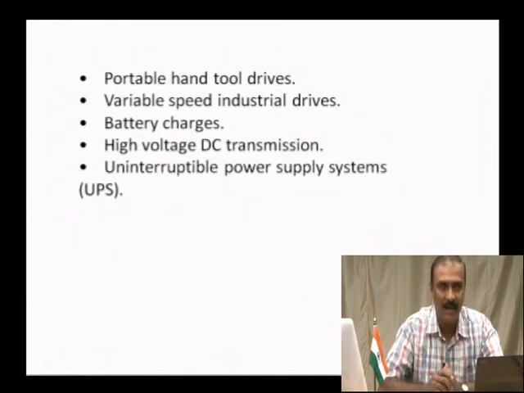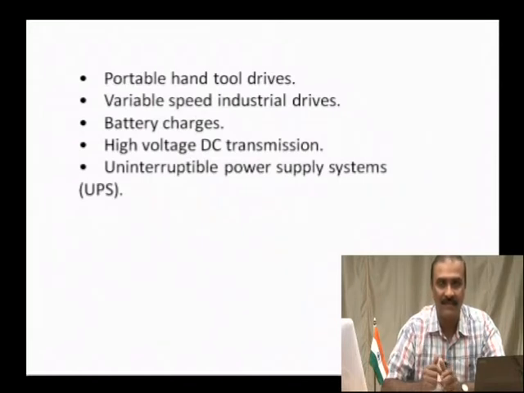When you switch off the power supply, because of the kinetic energy the motor runs for a long time. I was told when I visited a sugar mill, without a controlled rectifier, it took nearly 90 minutes to stop.